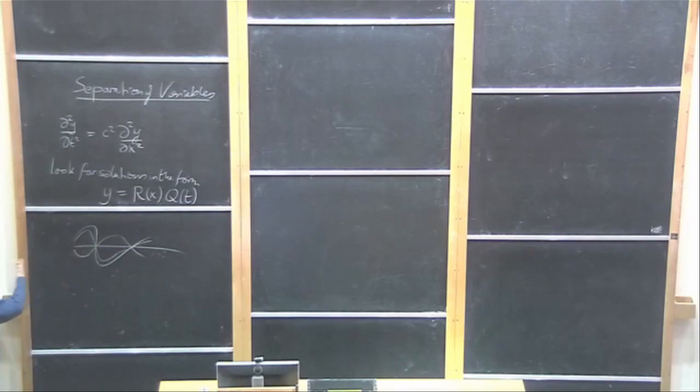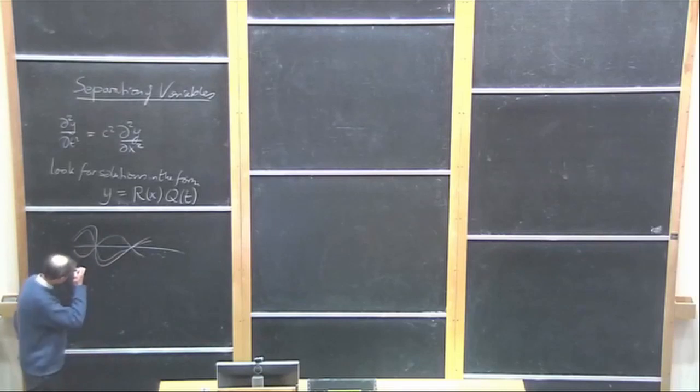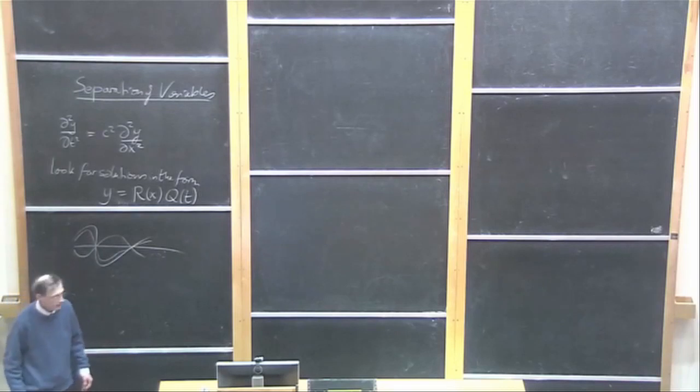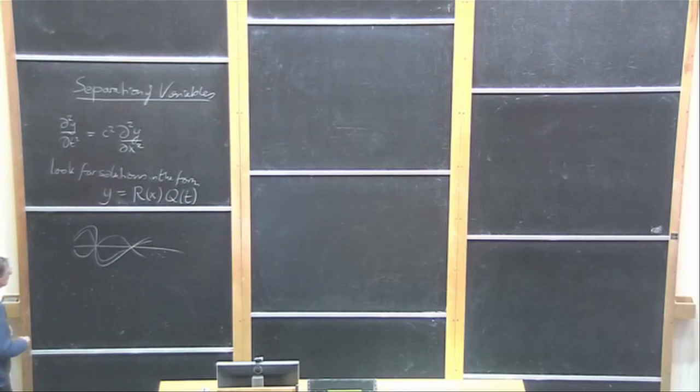So it's always got the same shape in x, but it's modified by the function Q of t. And you'll see that the nodes and the maxima and minima are always in the same place. Well, they would have been if I'd drawn it better.